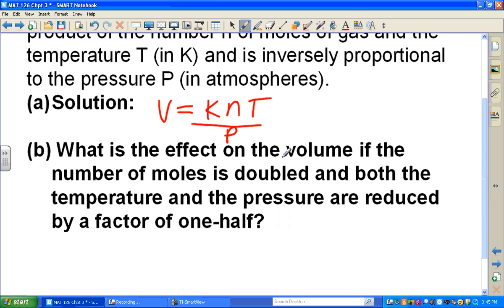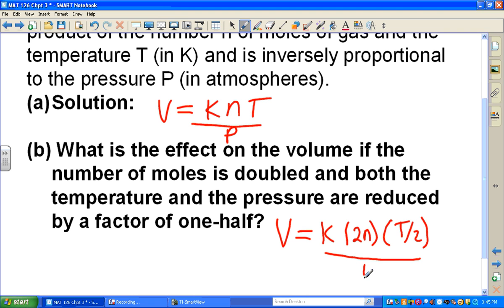What is the effect on the volume if the number of moles is doubled, and both the temperature and pressure are reduced by a factor of a half? So K times 2N, with P over 2.